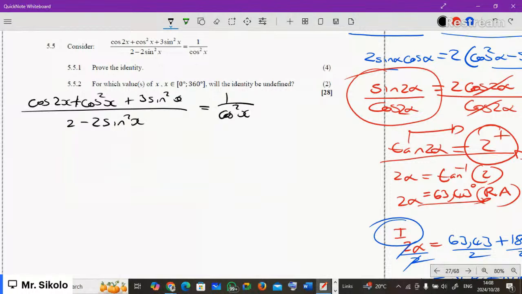Okay. So now what do we notice on the right hand side? We have 1 as numerator, we have cos as denominator. So it's clear that we need to do something about this denominator such that it will be written in terms of cos, and that cos has to be cos squared.